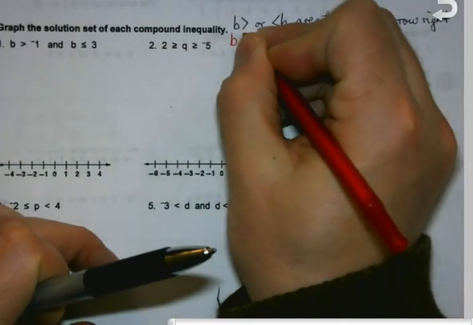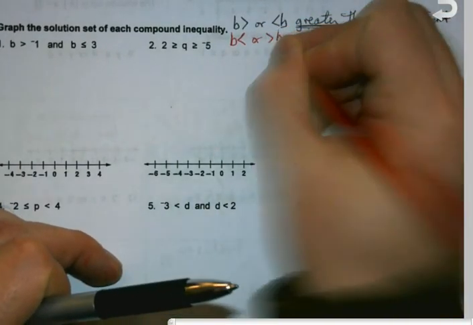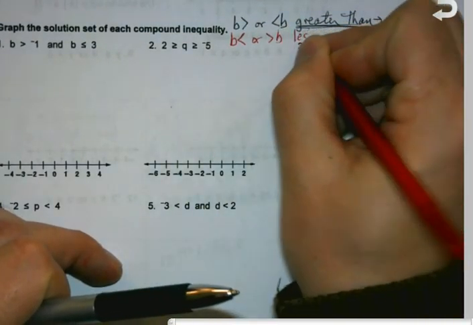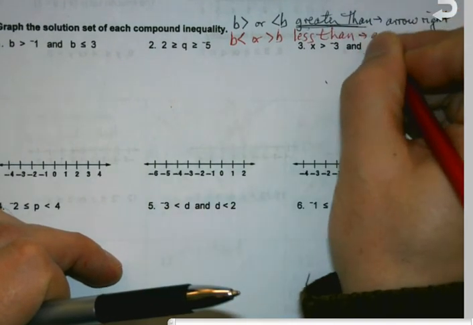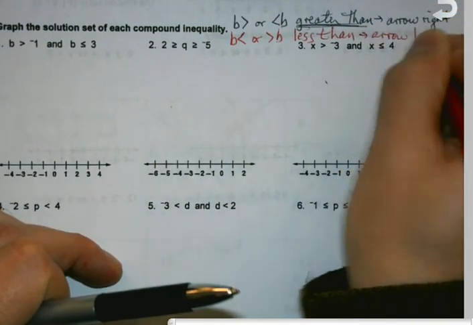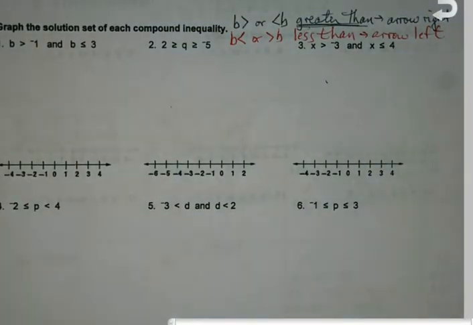If the arrow is pointing at my variable, that is going to be less than, and my arrow will always go to the left.